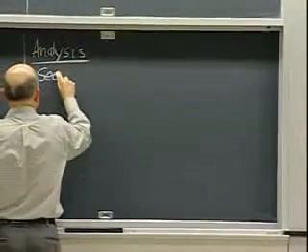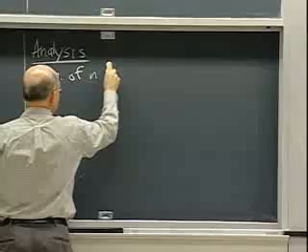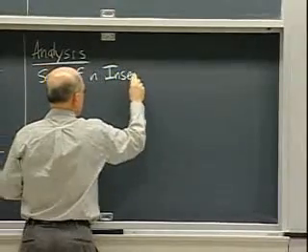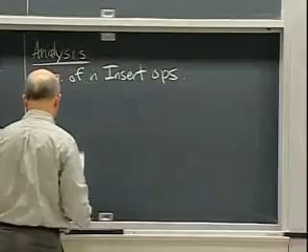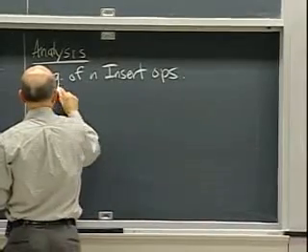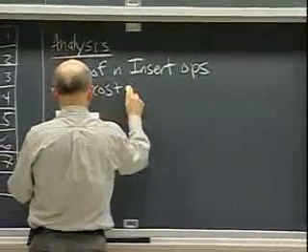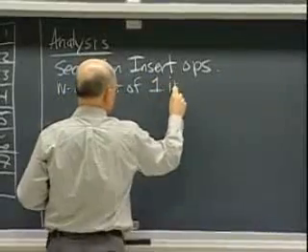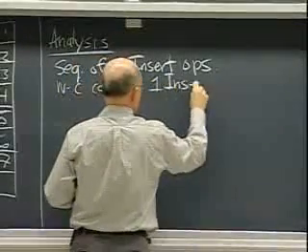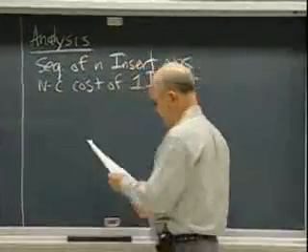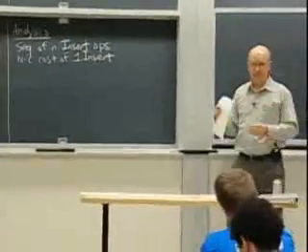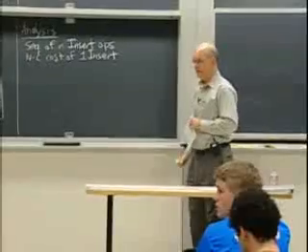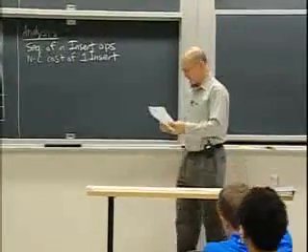So we have a sequence of n insertion operations. Okay. What is the worst case cost of one insert operation? What's the worst case for any one of these? Yeah, it's order n. Okay? Order n.